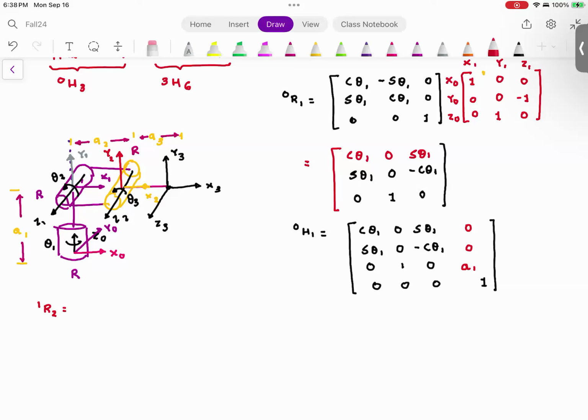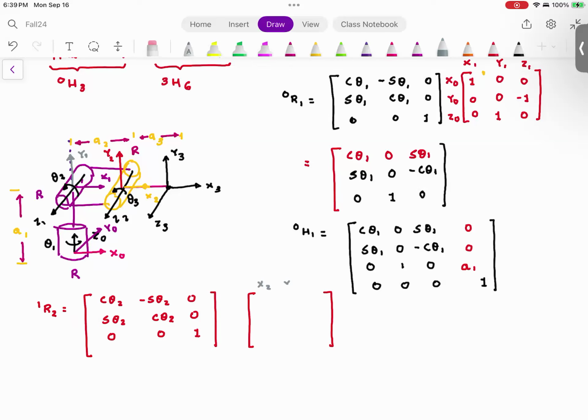The only matrix that you should remember is cosine theta 2, minus sine theta 2, 0, sine theta 2, cosine theta 2, 0, 0, 0, 1, and multiply that by the projection matrix, and this will always be projection of the new frame. What is the new frame here?